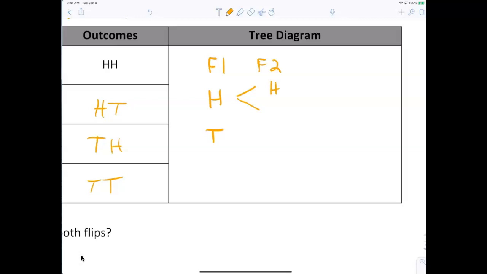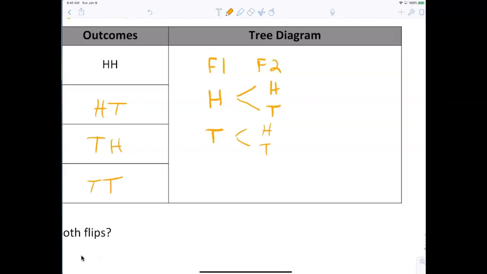H or a T. Now it branches out again. We're going to stay consistent because I heard somebody say TH. Is it okay to do TH? Yes. But if you stay consistent, it'll be easier for you to organize the numbers in your head. So this is going to be HT.